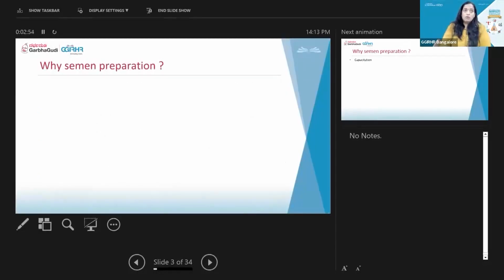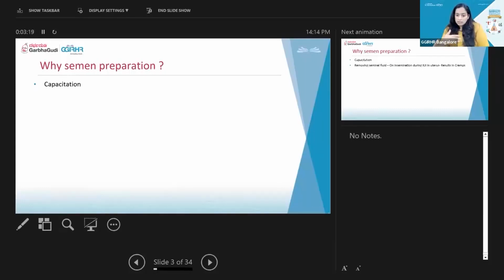So why do we go for semen preparation? First is capacitation. In natural conditions, when the semen is ejaculated into the cervix of the female partner, capacitation naturally happens while it moves from the cervix, enters the uterus and reaches the oocyte, which is there in the fallopian tube.